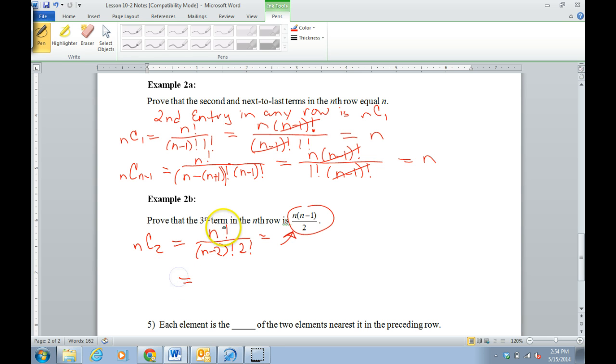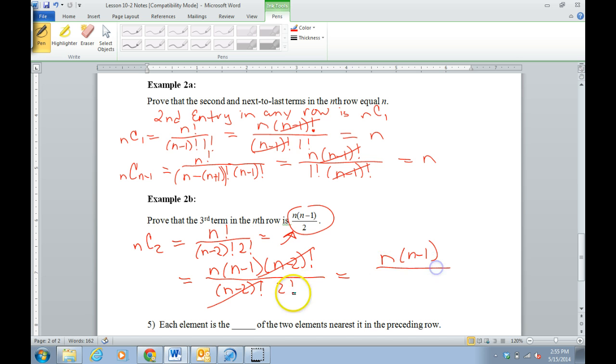So what I can do is take this n factorial and then do n minus 1 and n minus 2, and it keeps going, so I'm just going to put factorial there. And then on the bottom, I have an n minus 2 factorial, and I still have a 2 factorial. So what happens to the n minus 2 factorials? They cross out. Then you have n times n minus 1.